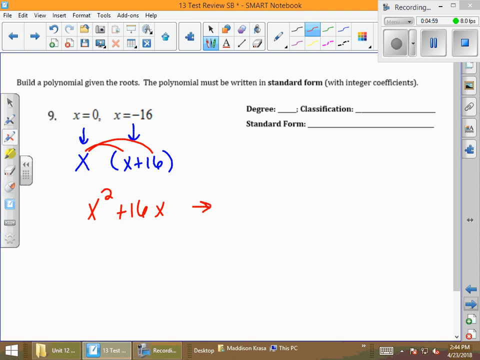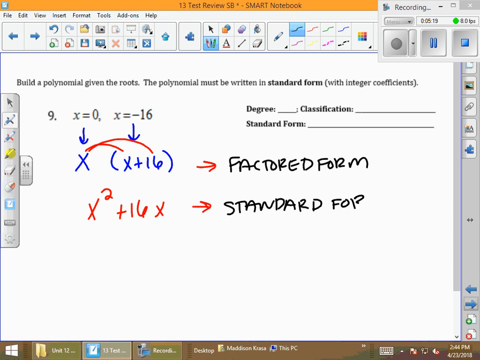So when we talk about the different forms of equations, this one right here, the x times x plus 16, that's factored form. And the one down here, once we distribute, that's our standard form.